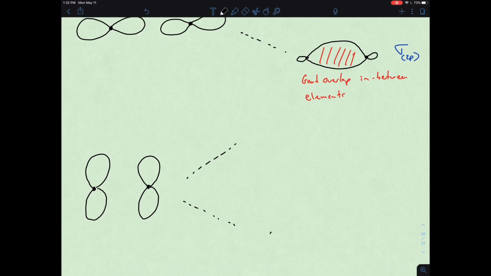So we would observe here the two lobes, and we would have this overlap above and below, just like we were drawing for valence bond theory. So there is our pi bonding.